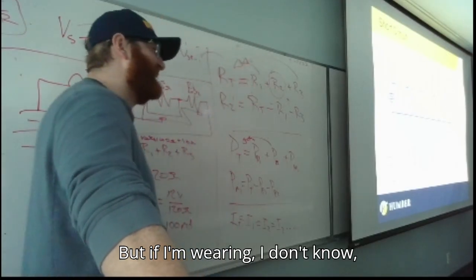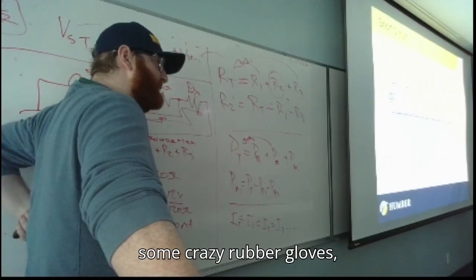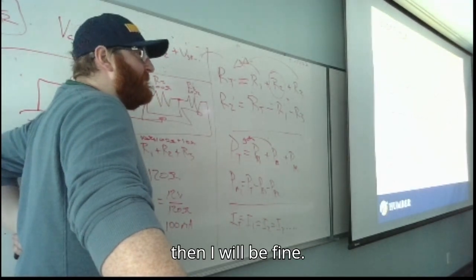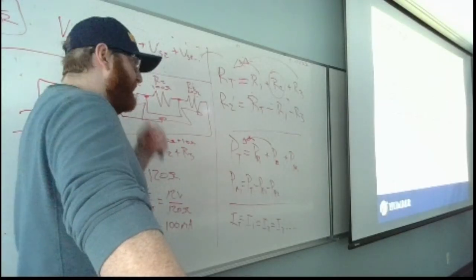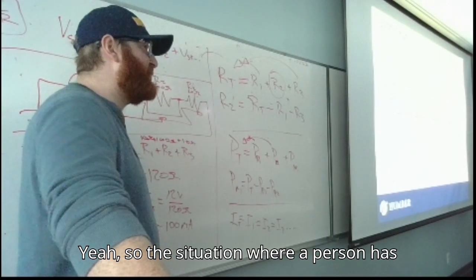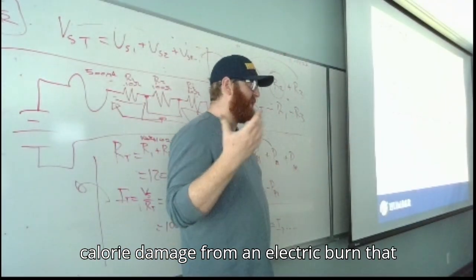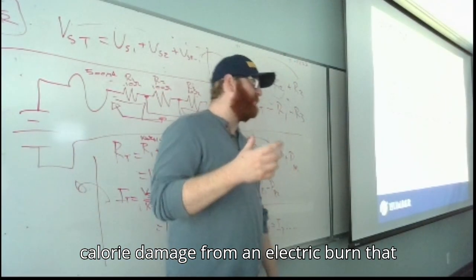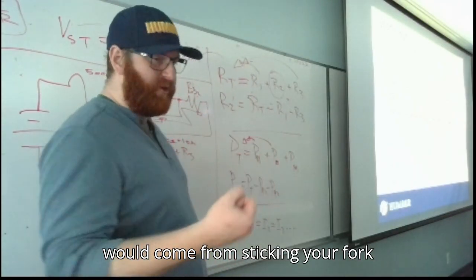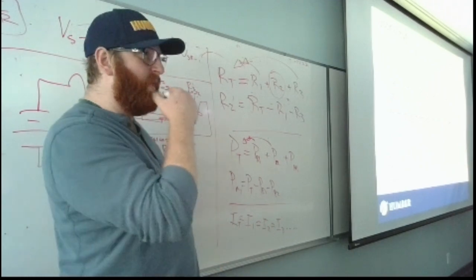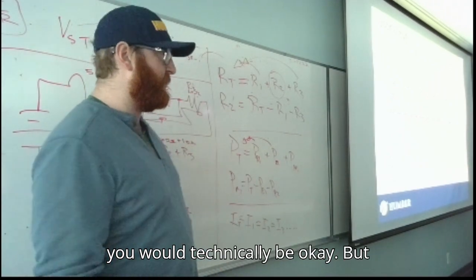But if I'm wearing some crazy rubber gloves, then I'd be fine. Yeah, so the situation where a person has a glove that can handle the amount of damage from an electric burn that would come from sticking your fork in a 120 volt AC outlet, you would technically be okay.